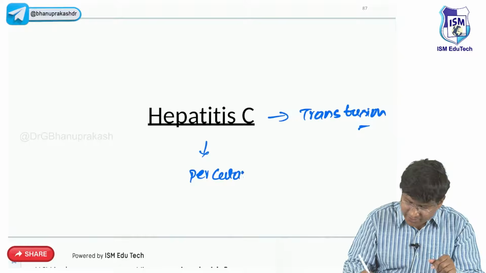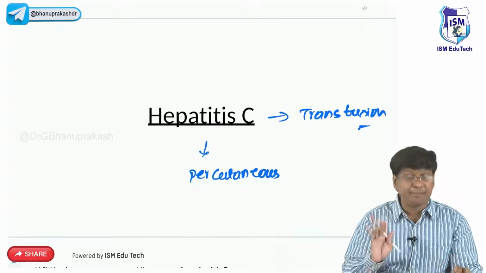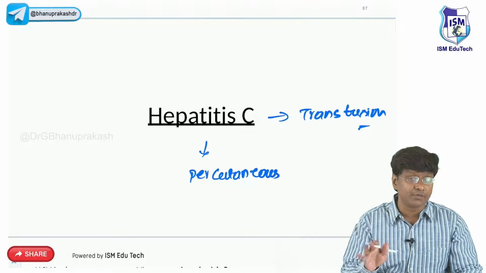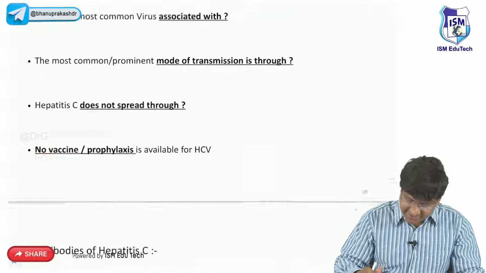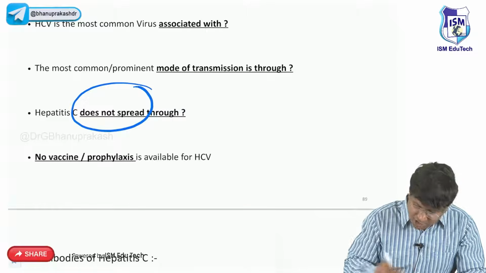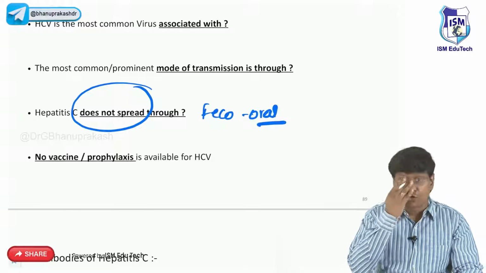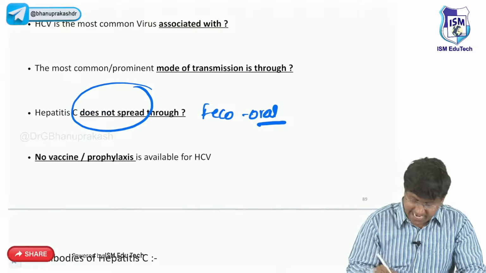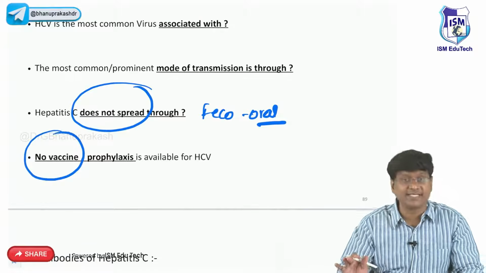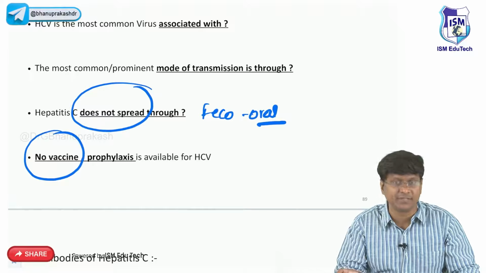Basically, I mean the parenteral routes, right? And remember, hepatitis C is not spread through the fecal-oral route. And for hepatitis C, there is no vaccine or prophylaxis available.